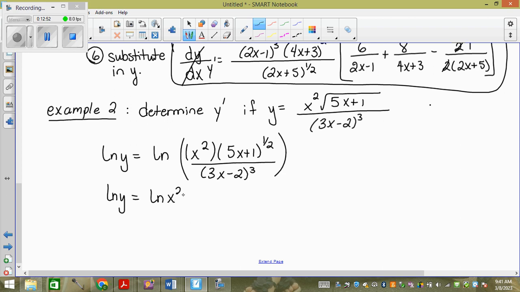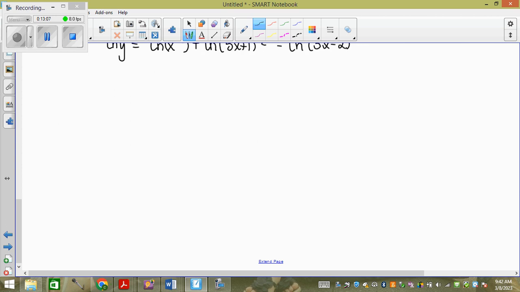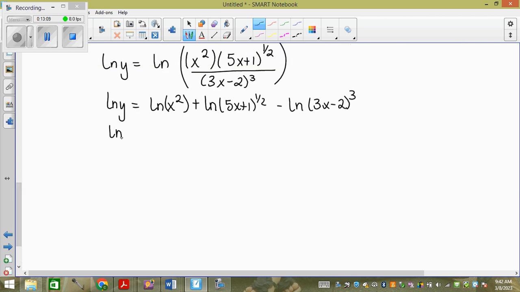So we get ln x squared plus ln 5x plus 1 to the half minus ln 3x minus 2 cubed. Take our exponents, drop them in front. So we get ln y equals 2 ln x plus 1/2 ln 5x plus 1 minus 3 ln 3x minus 2.